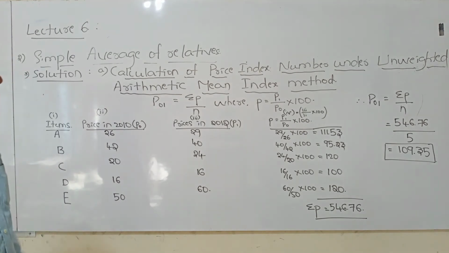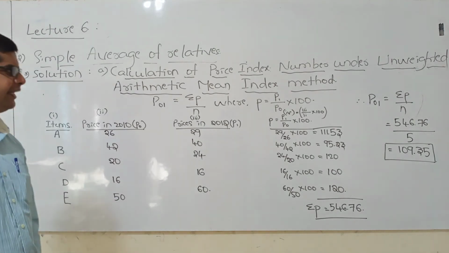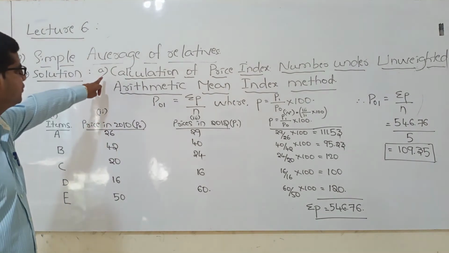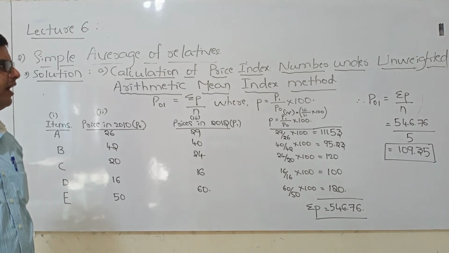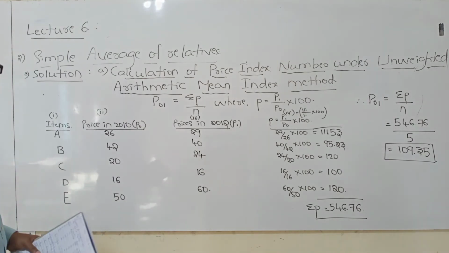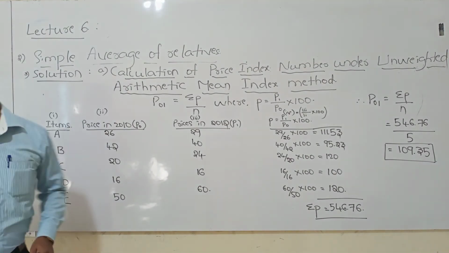Okay, so hoping that this is clear to you. If you find any difficulty, you can ask, no need to worry about that. Again I can explain. So this is the first part of the problem, calculation of price index number under the unweighted arithmetic mean index method. Now I take the second method.